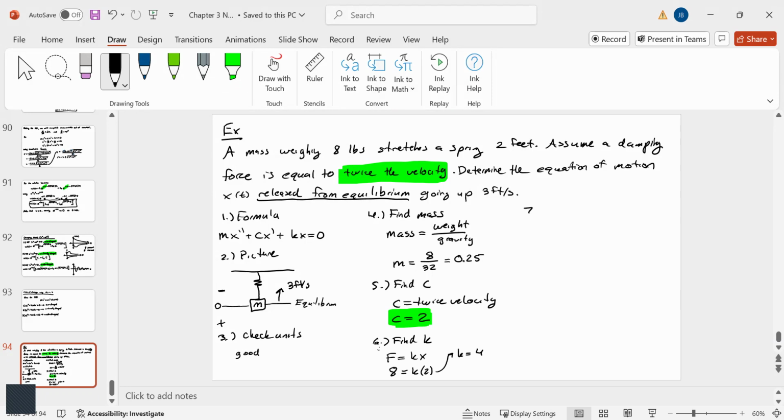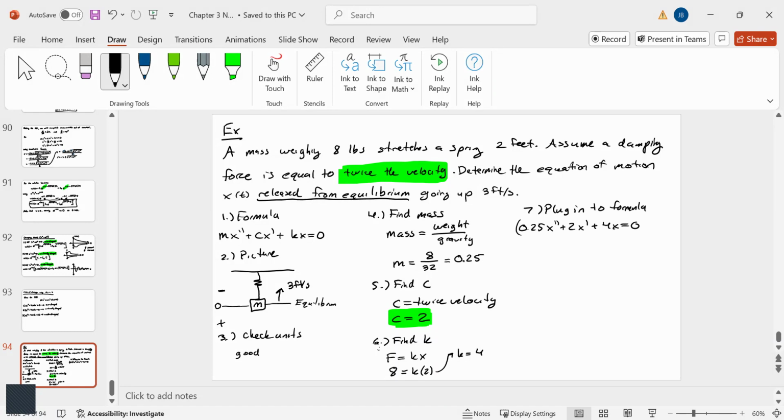There we go. Got a nice differential equation. So step 7 is to plug in. I know it sounds like a lot of steps, but I'm just thinking out loud, right? You can combine a lot of these steps into one step. So plug into formula. So 0.25x double dot plus 2x prime plus 4x equals 0. And then I'm going to divide everything by 0.25.